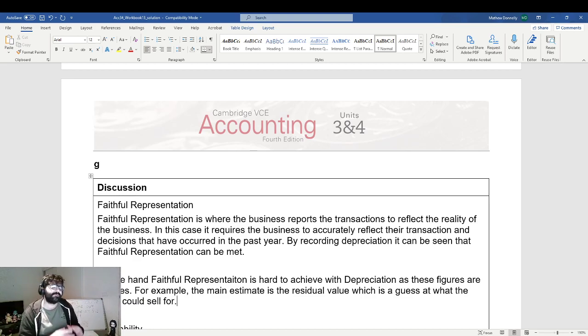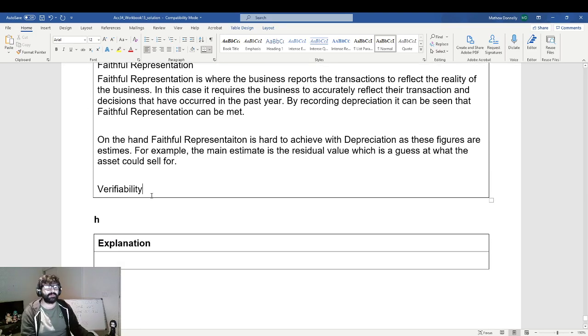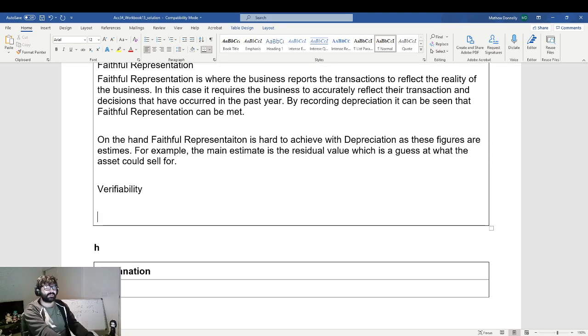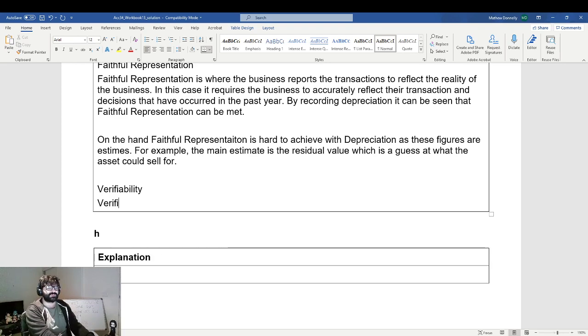So you're talking about faithful representation. You say what it is, and then you're moving on to saying how it's met and how it's not met. And the same applies for verifiability. Verifiability is when the business is able to prove their transactions. Hence, they are verified.